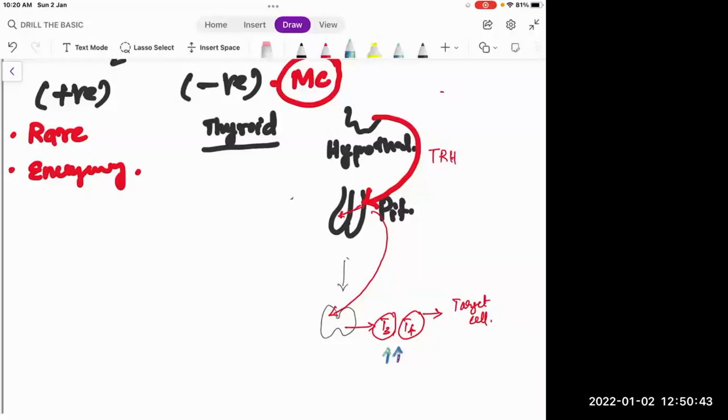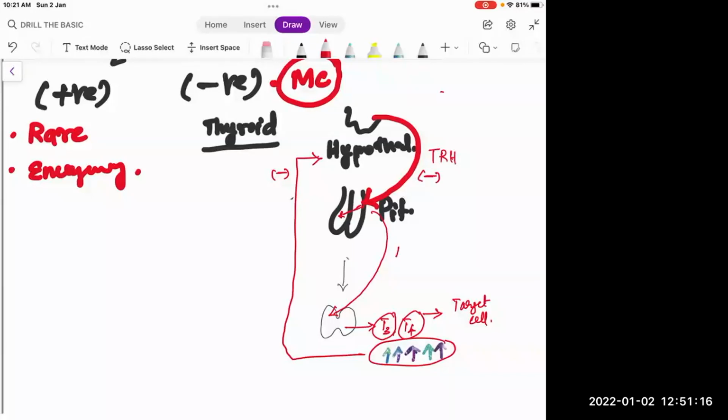How will it work? The receptor is receiving the signal that there is an excess of T3 and T4. Immediately, this excess T3 and T4 will give the negative feedback signal to the hypothalamus: already I am in excess, I'm T3 and T4, I'm in excess, so you should stop giving the signal to the anterior pituitary.